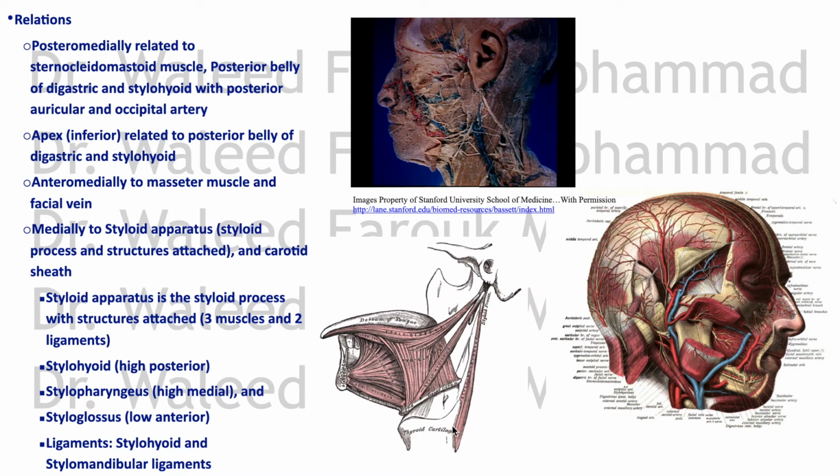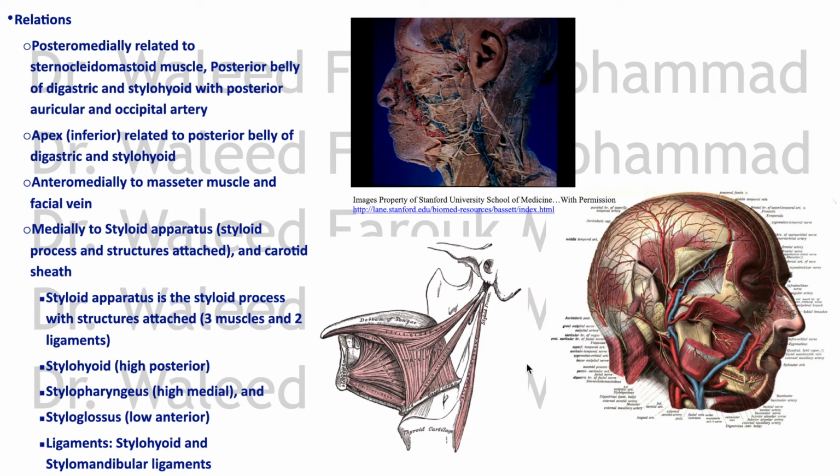Okay? Now remember that the stylohyoid muscle, deep to it was the external carotid artery, right? And remember that the stylopharyngeus, like we said before, and styloglossus are between the external carotid and internal carotid, which is the deepest structure here.